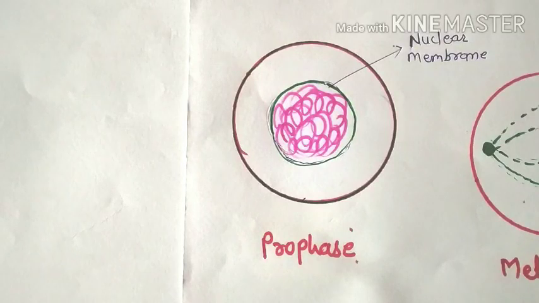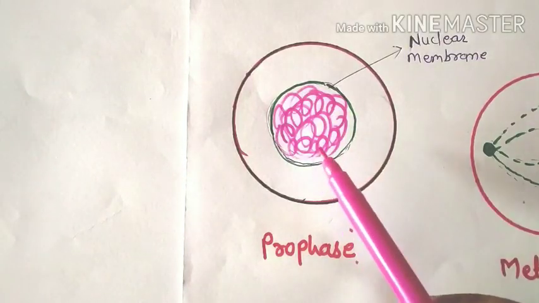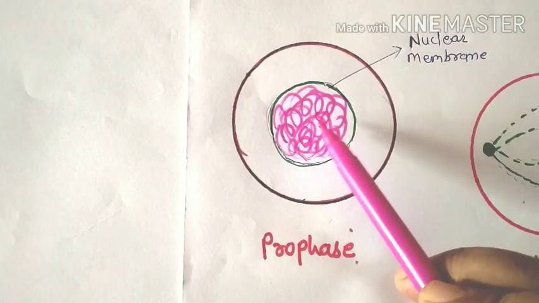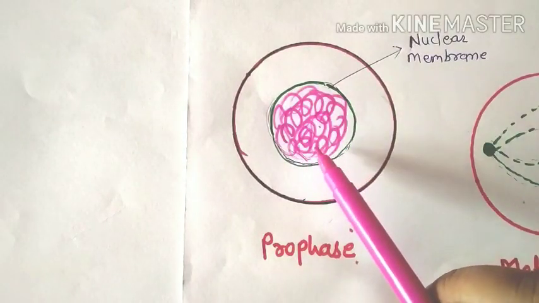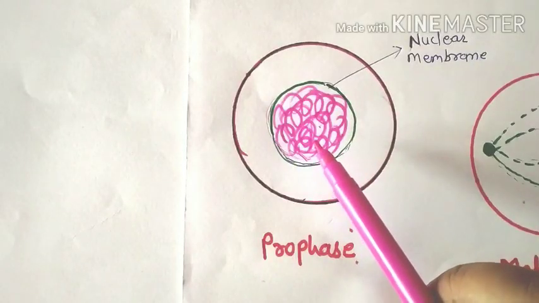This is the first stage of mitosis, that is prophase. In the prophase, the condensation of basically thin and thread-like chromosomes starts. This is a thread-like chromosome present in the nucleus. It starts to condense, meaning it starts to appear in a specific shape.